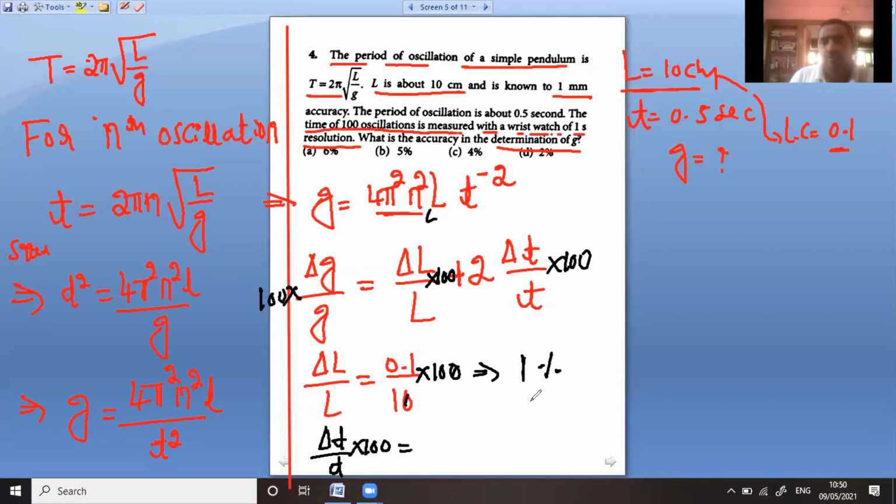So now you have to find T and delta T. Here it is given that the time for 100 oscillations is measured with a watch of 1 second resolution.